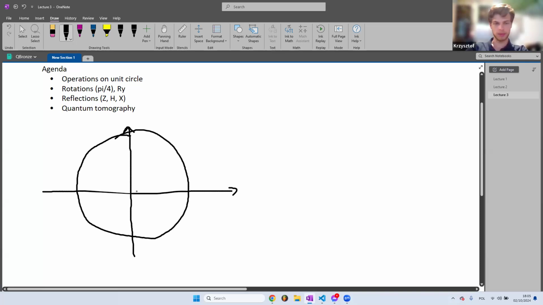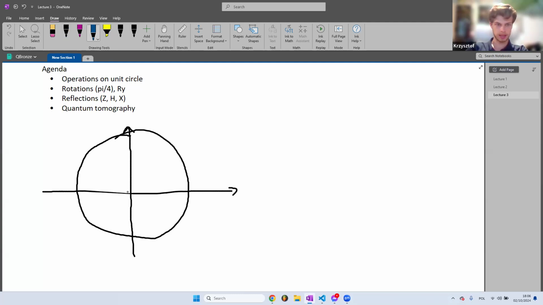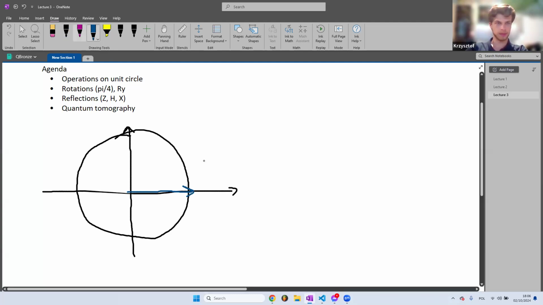And as you may remember, the state corresponding to 1, 0 was labeled as 0, and the state 0, 1 was represented as the 1 state.